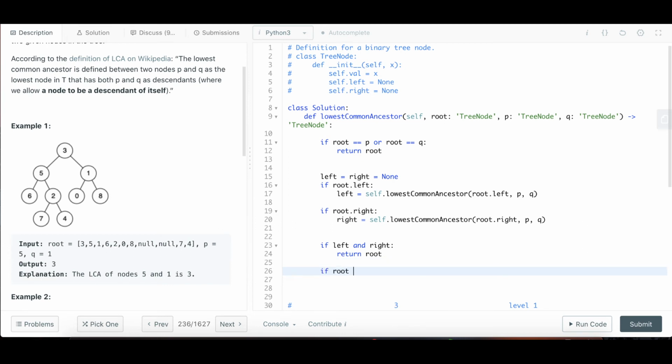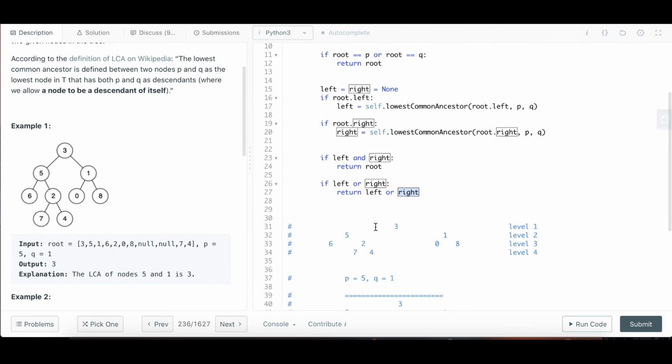But if one of them is still none, we return the other one. Let's say left has some value and right is still none, then we return left. Or if left is none and right is not none, then we return right.